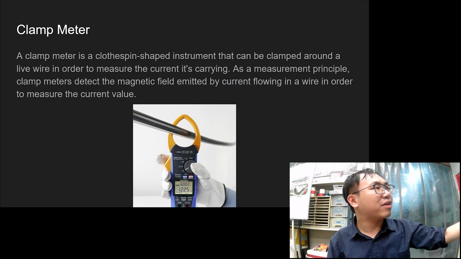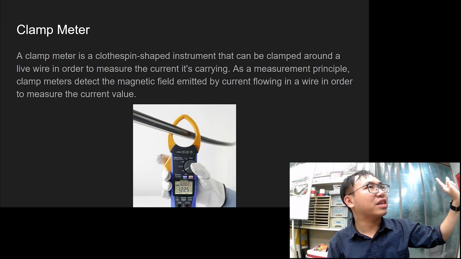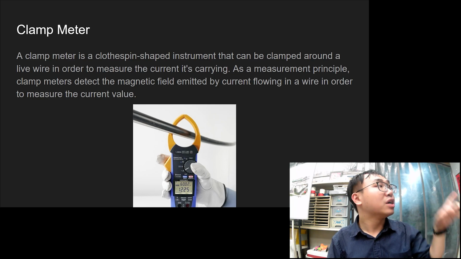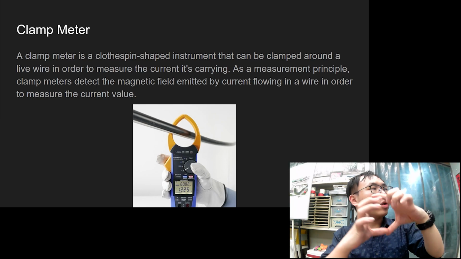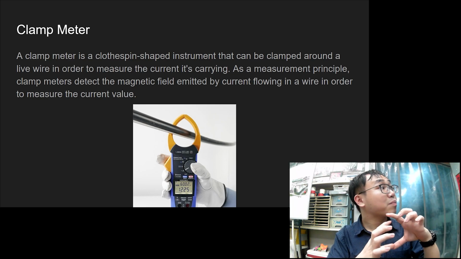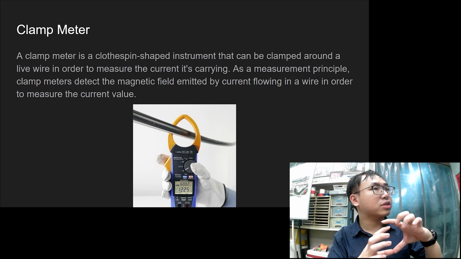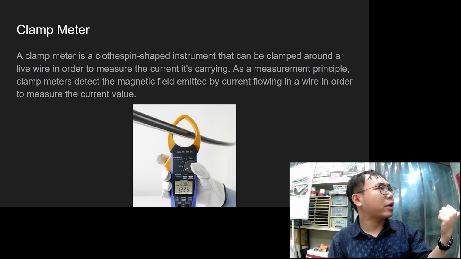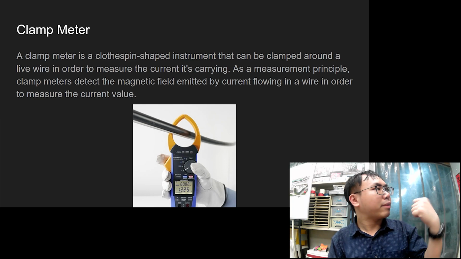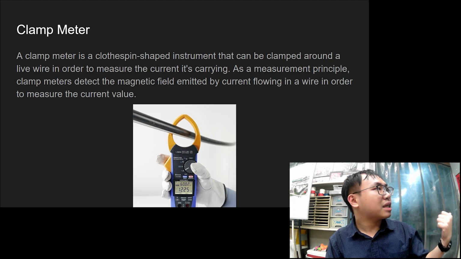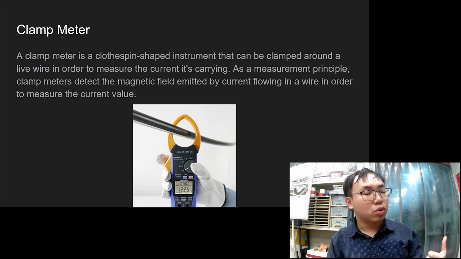Wires that carry current have a magnetic field surrounding them, right? The clamp meter is measuring, I'm not sure which one exactly, but it should be the magnetic field. By measuring the magnetic field, it can measure the current directly, so you won't shock yourself.